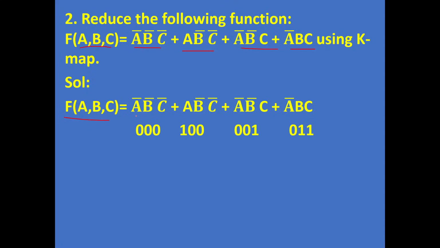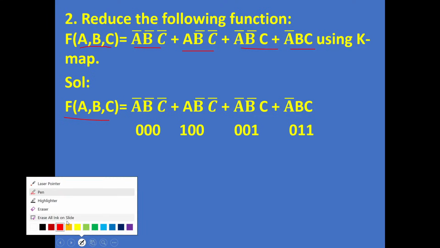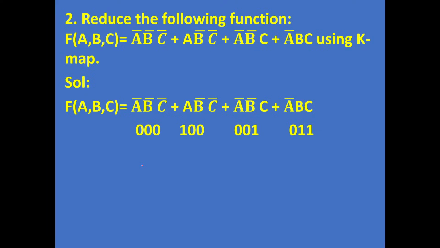And this is A bar. Is this SOP or POS? That you have to check. Can you mention in the chat box whether it is SOP or POS? Sum of products or product of sums.